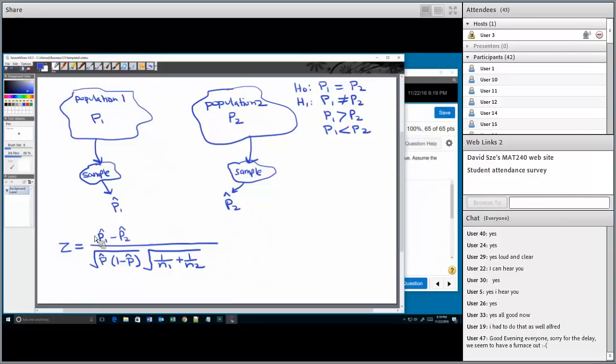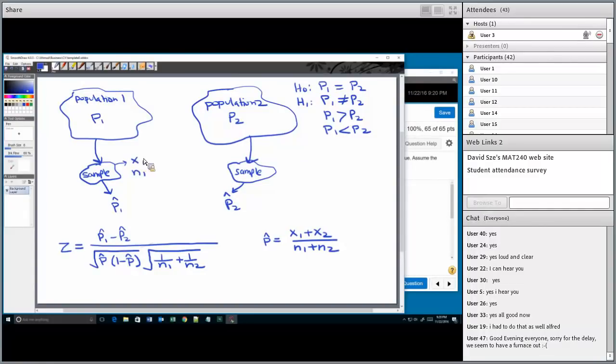And so this is the equation. And this P hat, where there is no number associated with it, let me tell you what this is. When you take the first sample from population 1, you get X1 and N1, right?